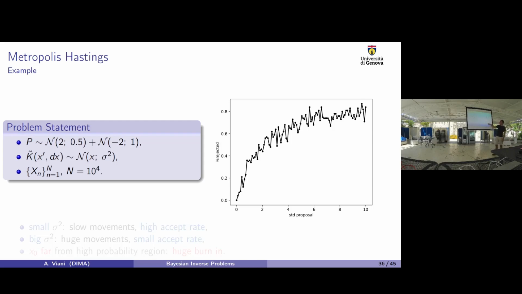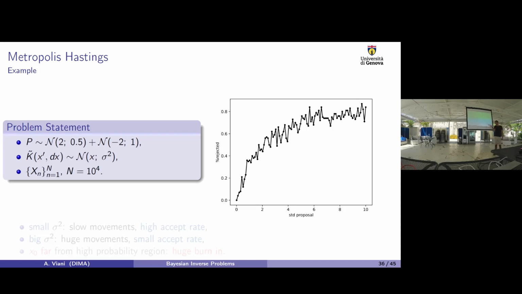And of course, here we see the percentile of the rejected proposed values depending on the standard deviation of the proposal. So it's something similar to the ESS. Because if you use huge jumps, then you will probably reject the proposal move, because it's too far from the high probability region.